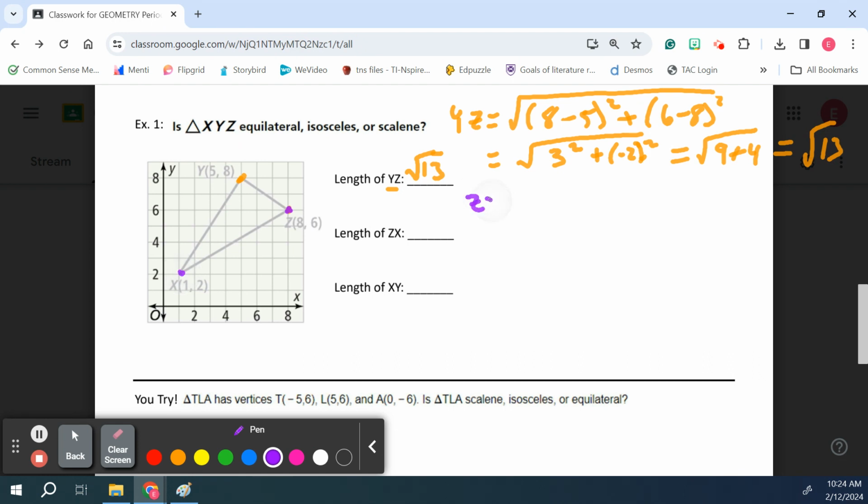So ZX is going to equal the square root of 8 minus 1 squared plus 6 minus 2 squared, which gives us 7 squared plus 4 squared.